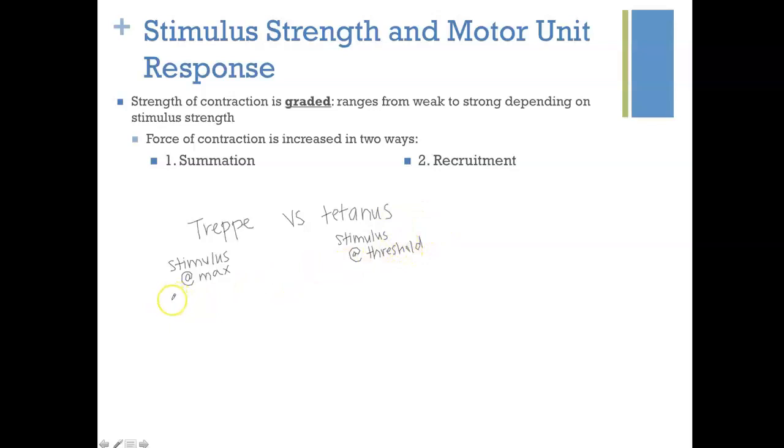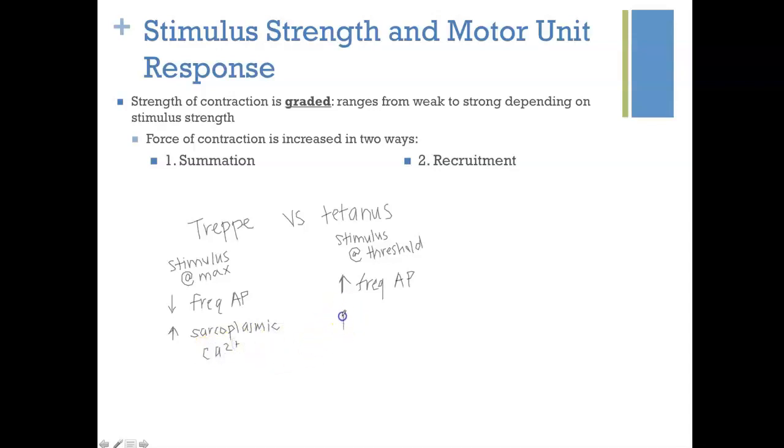The other difference we're going to see is with treppe, we have low frequency of the action potentials. And with tetanus, we're going to have increased frequency of our action potentials. And last thing is in treppe, we have increased sarcoplasmic calcium.